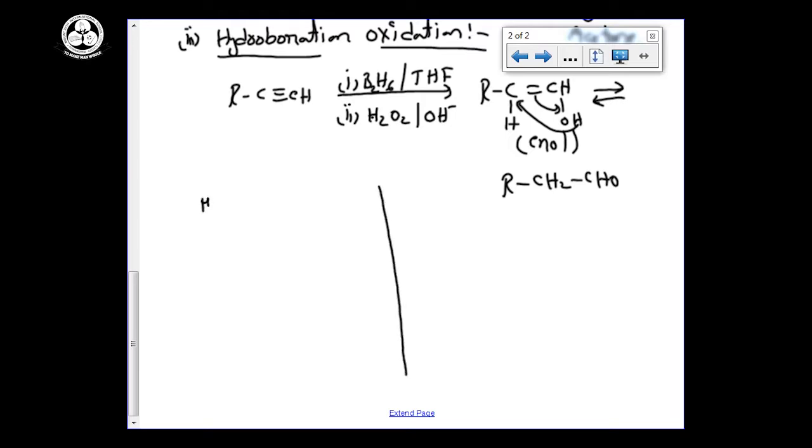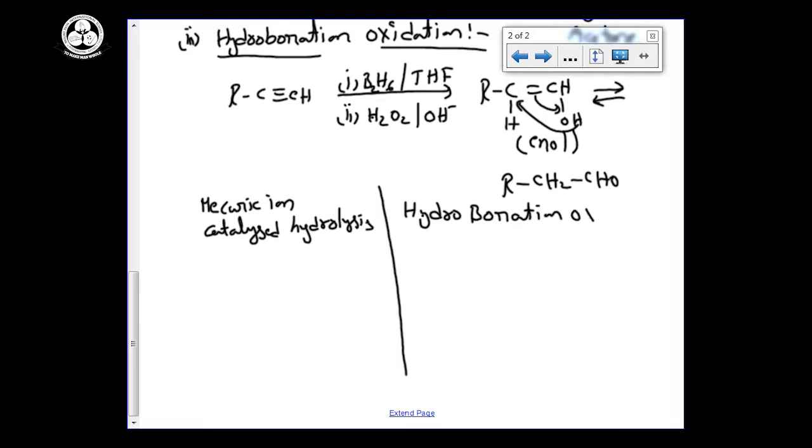First I am taking mercuric ion catalyzed hydrolysis. Next one is hydroboration oxidation.